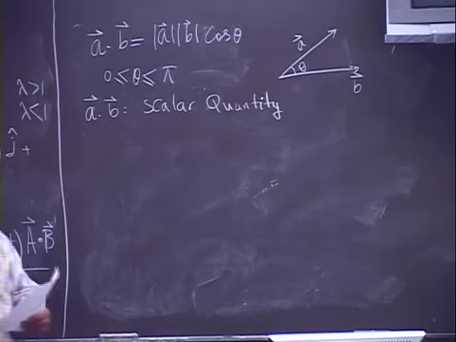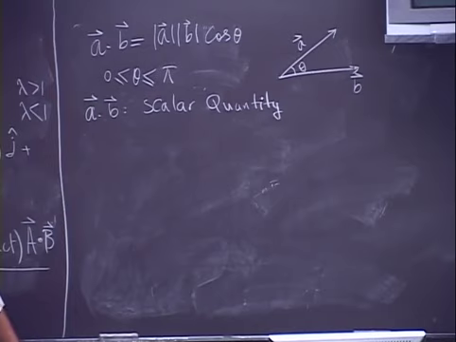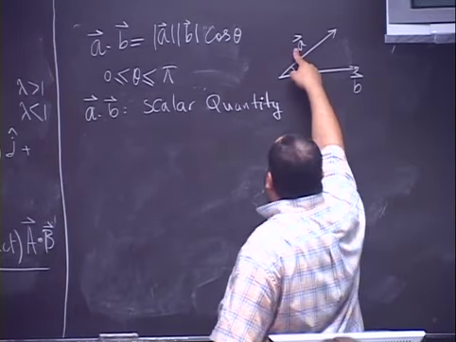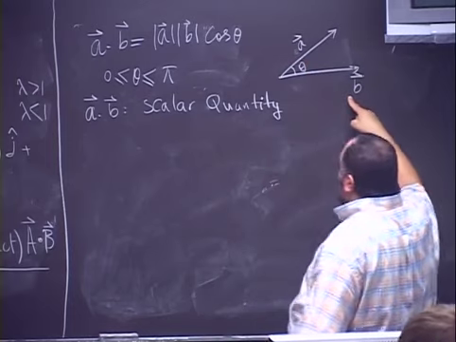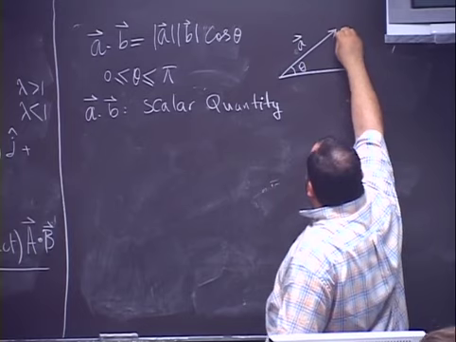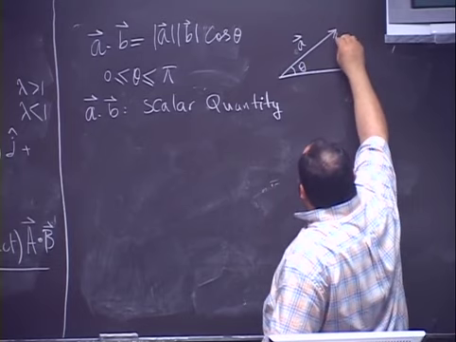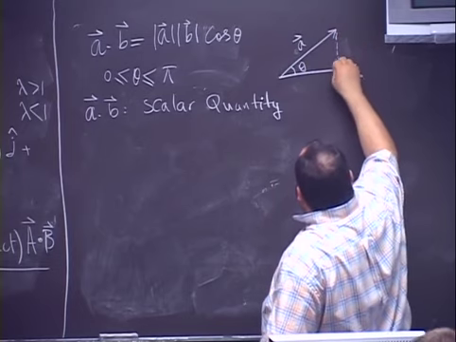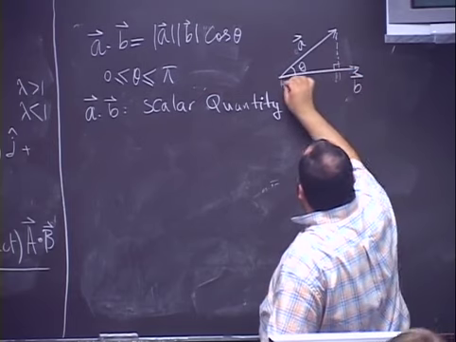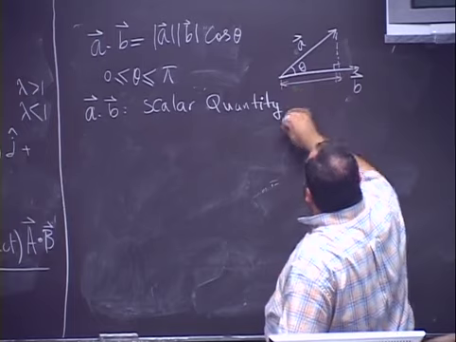So what's the geometrical representation of this scalar multiplication? It's the amplitude of A multiplied by the amplitude of B multiplied by the cosine. So if we have the projection of A over B, so what's this?